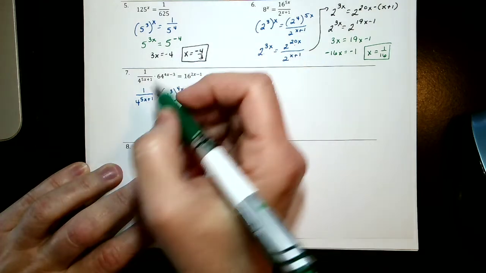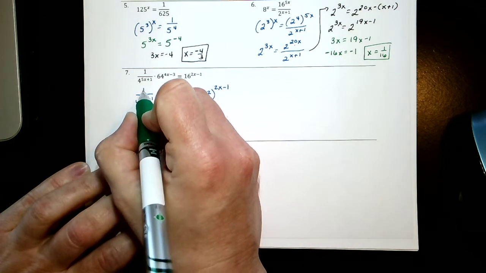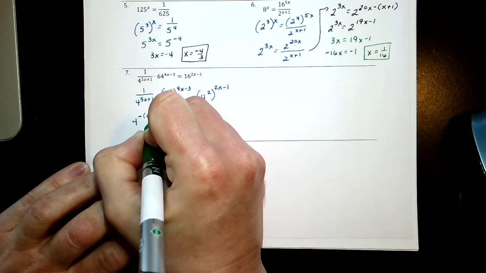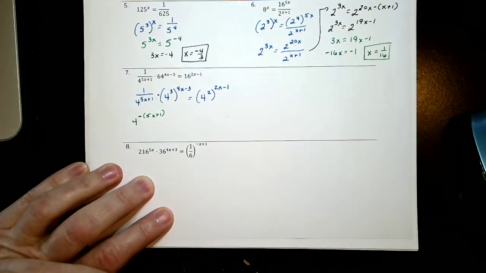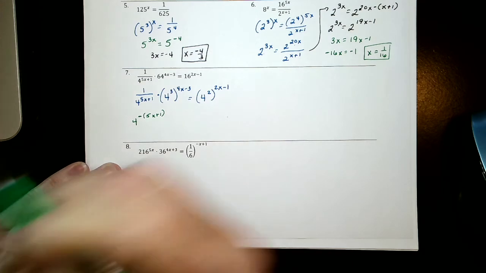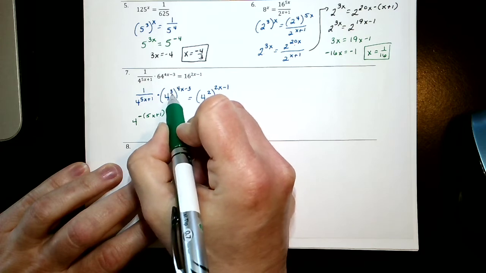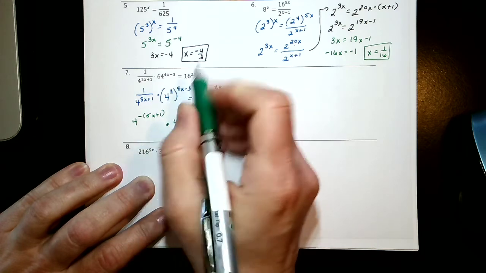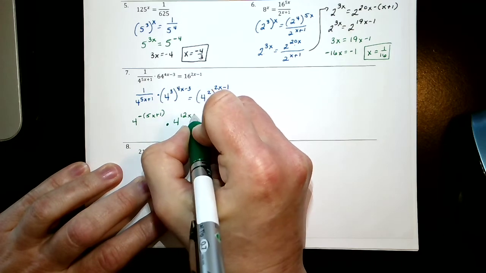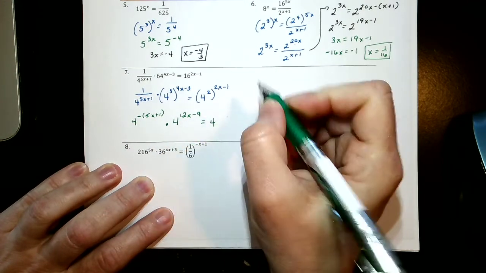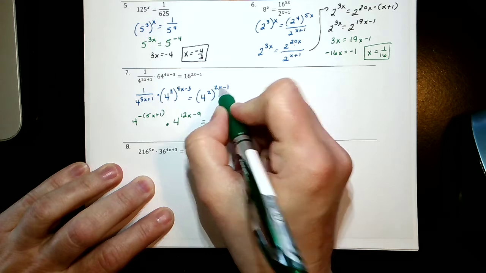Okay, so now I am going to move this out of the denominator, which makes this 4 to the negative (5x plus 1). Think about why I put the 5x plus 1 in parentheses, times 4. I'm going to multiply this, so this gives me 3 times 4x minus 3 is 12x minus 9 equals 4 to the 4x minus 2.